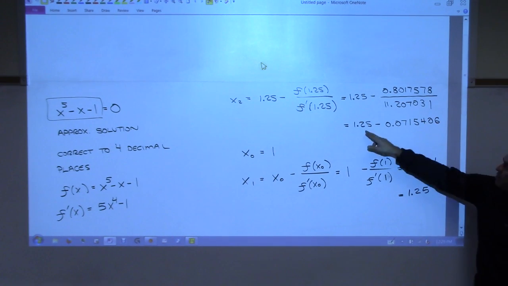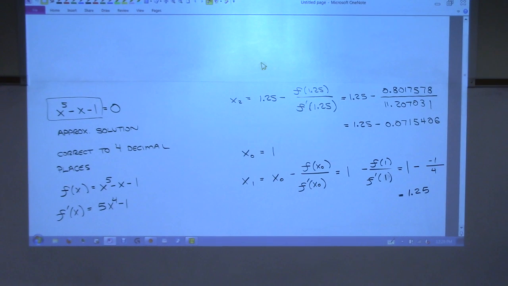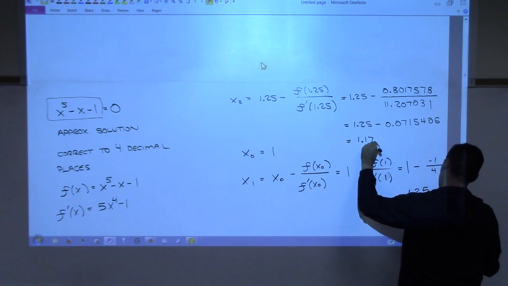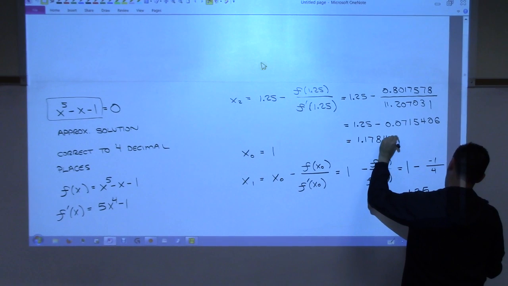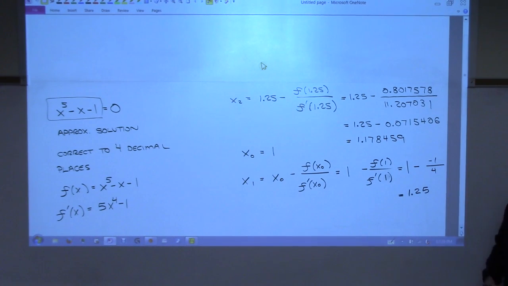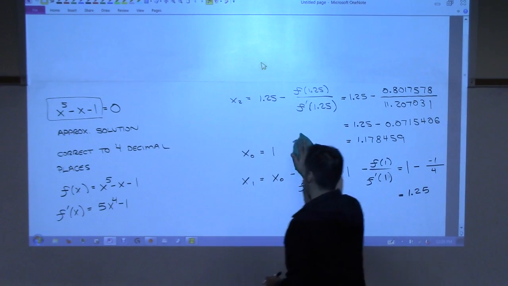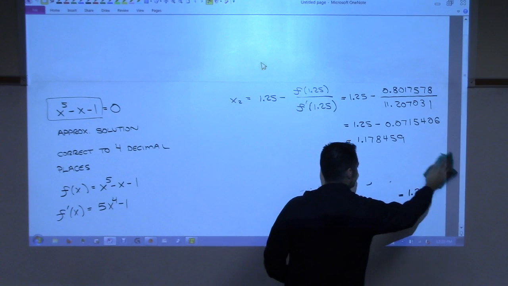And so now I do this minus that, which gives me 1.178459. And that's x sub 2. And then I repeat. This time, x sub 3 will be, I think this is the last one I'm going to do, all right? Because I think you get the idea.